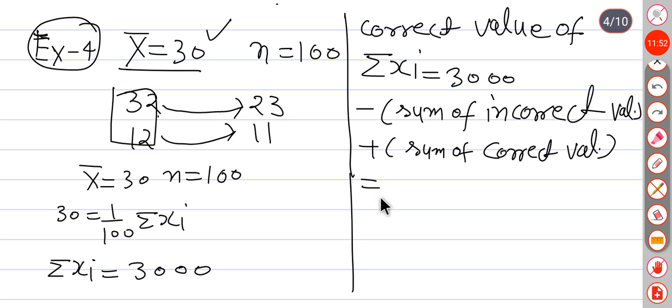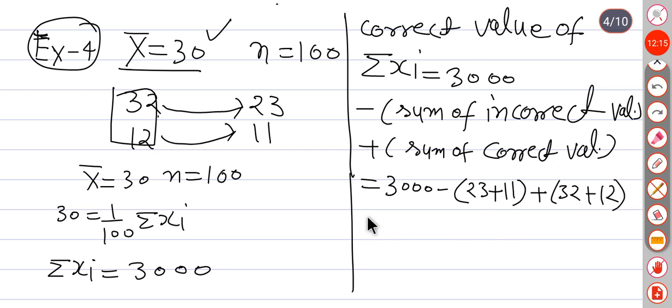So here 3000 minus the incorrect values 23 plus 11, and plus the correct values 32 plus 12.